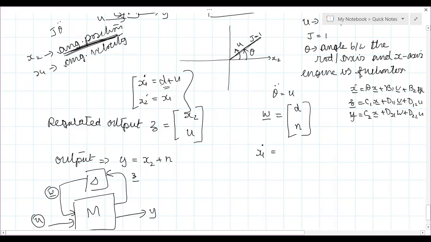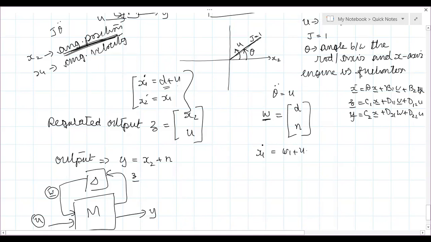Instead of D, I can write W1 because D is an element of the vector W. This W is the standard representation that includes all exogenous input signals. D is the disturbance, so instead of D plus U, I can write W1 plus U.